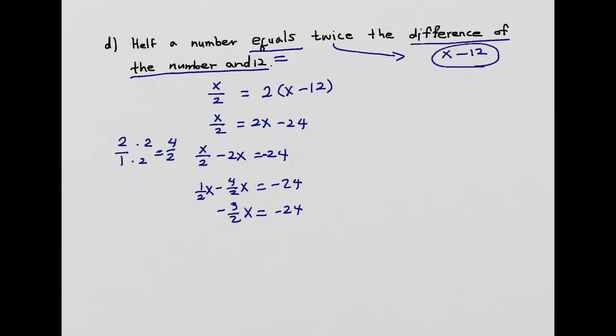And then, in order to isolate x, you're doing the opposite, right? Right now, you have multiplication. So you're going to divide by negative 3 over 2. But if you do that, let me show you what happens. This is going to become complex fractions, which we didn't talk about in this class yet.